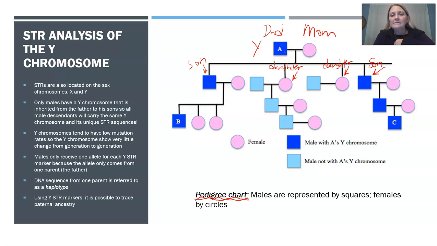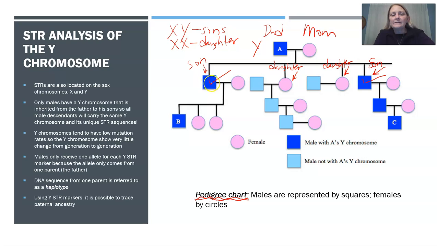Because only the sons are going to have that XY combination. So sons will have this. The daughters would have XX, so they don't have a Y chromosome. So here this guy gets it, and this guy gets it from the father.